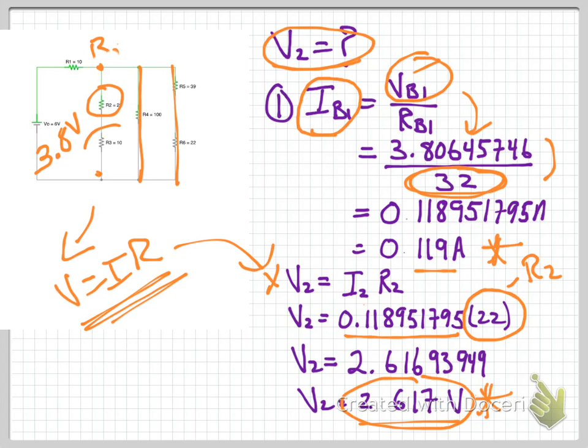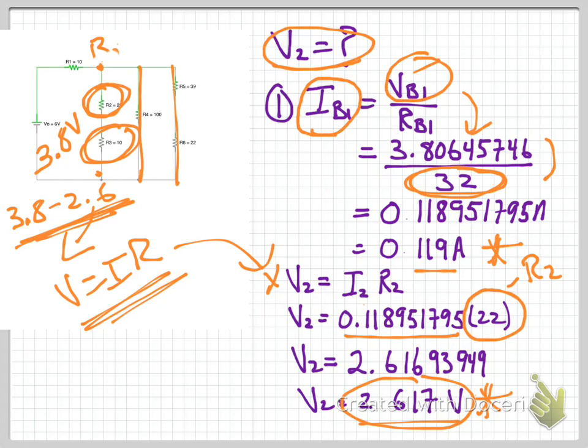To find R3, we can take the 3.8 and then subtract the 2.6. Now these are just approximate numbers. We'd have to use the decimal places properly and so on, but because you know the total voltage drop across branch number 1 and you know the voltage of one resistor already, you can find the difference between the two to find that third one.